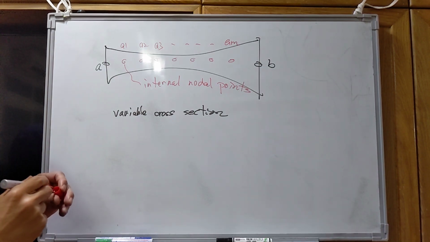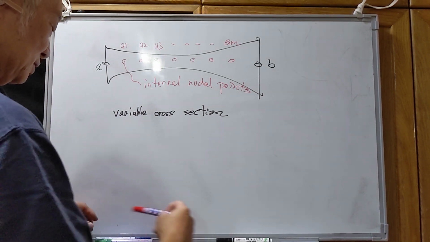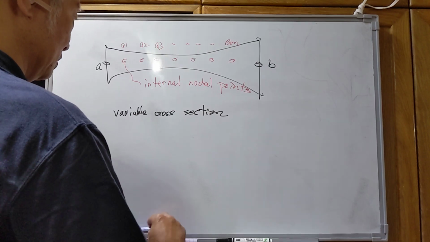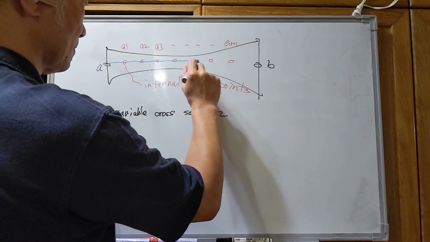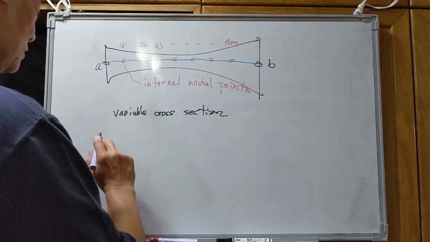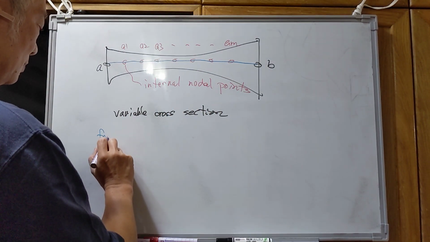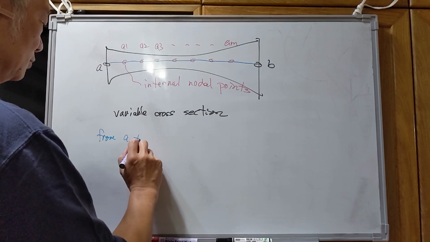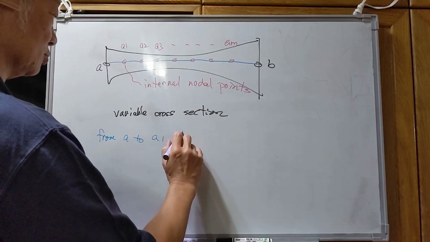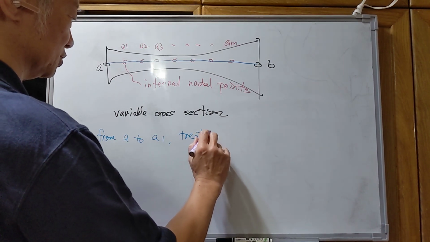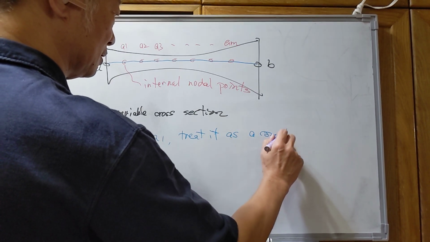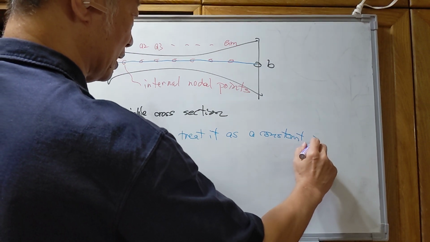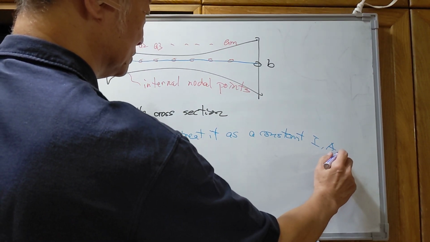So we can add some internal nodal points along the center line of the beam. Then from A to A1, treat it as a constant I and A element.